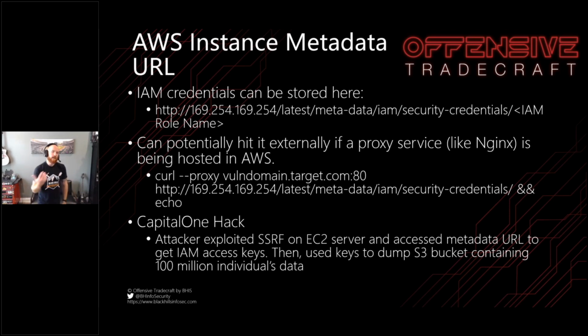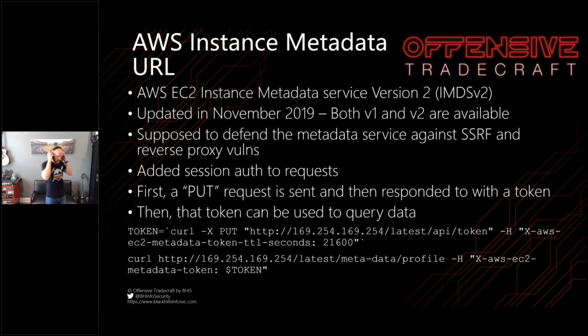So AWS wanted to fix this. And so they came up with EC2 Instance Metadata Service version 2. So there's now a new version of this. This just came out in November 2019. And basically both versions are enabled by default, but V2 actually puts on a few different protections to try to prevent people from doing that exact thing.